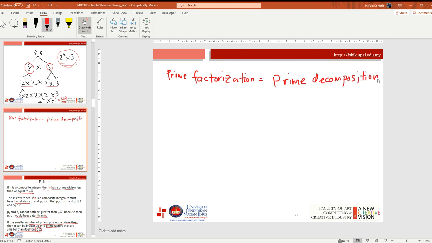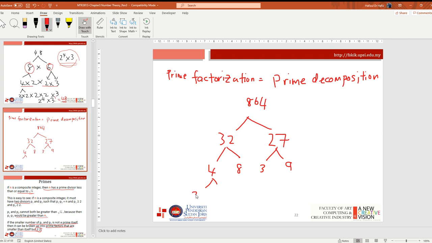For example, we have 864, equivalent to 32 multiplied by 27. 32 can be divided into 4 multiplied by 8. 27 is 3 multiplied by 9. 4 is 2 multiplied by 2. 8 is 2 multiplied by 2 multiplied by 2. 3 is 3. 9 is 3 multiplied by 3.